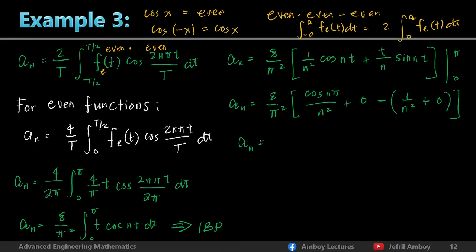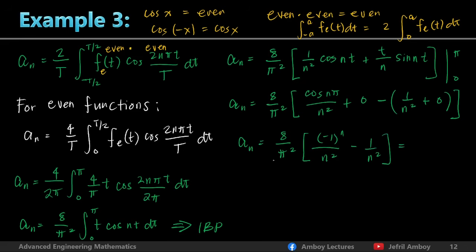Ano ang expression for an? For an, we have 8 over pi squared times cosine n pi. Remember that cosine n pi can be expressed as negative 1 raised to n. Okay? Copy ko lang yung n squared. And then, meron tayong ditong 0 and then minus 1 over n squared.